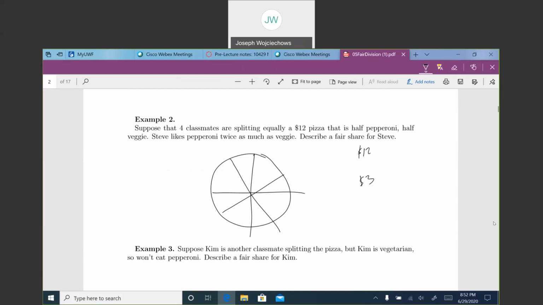Now let's look at this. Steve says pepperoni is worth twice as much as veggie. So basically, 1 slice of pepperoni is worth 2 slices of veggie.